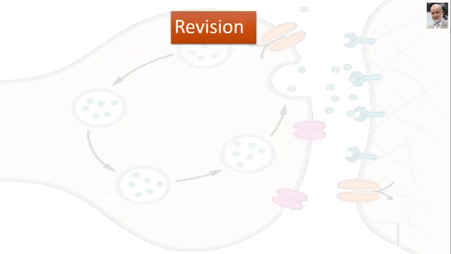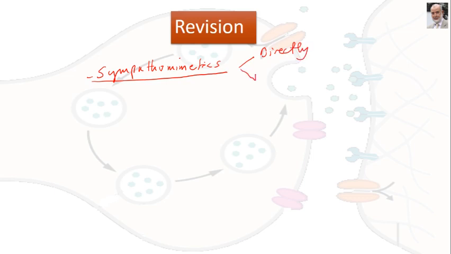So, in quick revision of what we have covered in our last presentations, we said that sympathomimetics are drugs which produce action similar to the activation of the sympathetic nervous system. They are either directly acting sympathomimetics or indirectly acting.